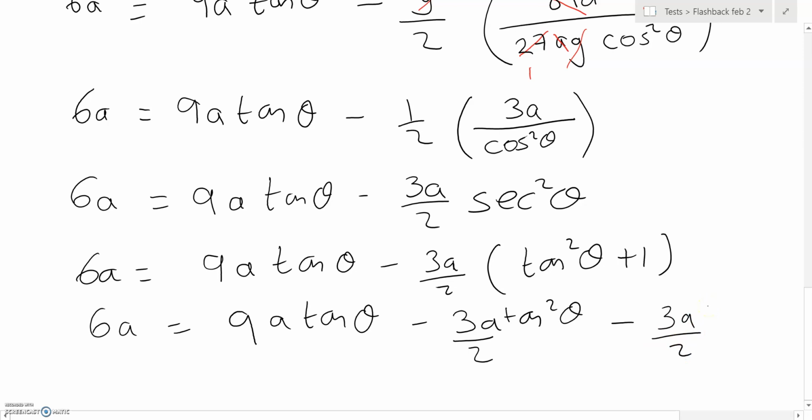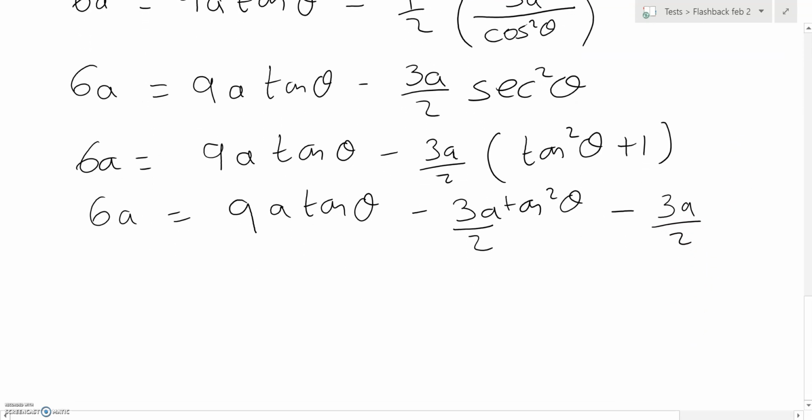Now I need to get rid of all these a's, so we could divide everything by a, so they can all go, and let's times everything by 2.